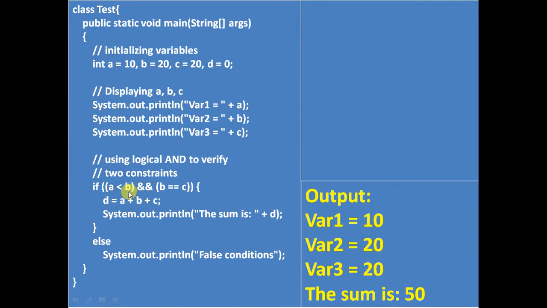Here we have applied A less than B, which is true, and B equal to C, yes, both conditions are true. Then it should perform this operation, D equal to A plus B plus C, and the result should be D. So here the condition is true and the result will be 50. Let's see with the example.